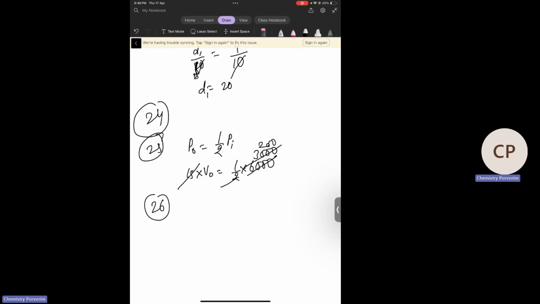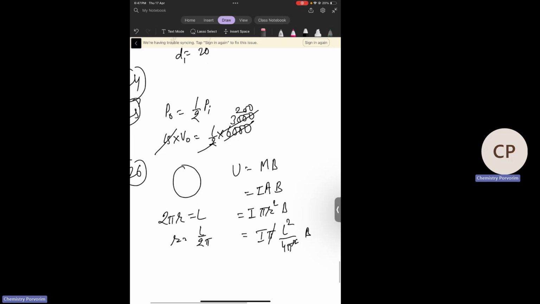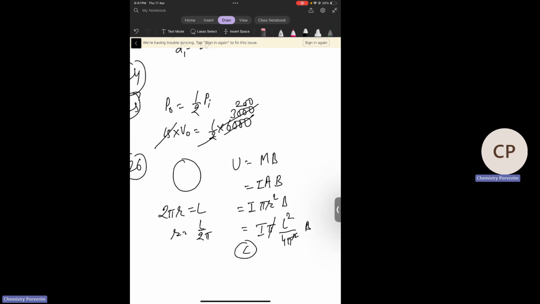Okay, maximum potential energy U is MB, and M is IA into B. Now area is pi r square, and 2 pi r is equal to length of wire L. So r is L by 2 pi. L square upon 4 pi square into B. L square IB upon 4 pi. Option C.